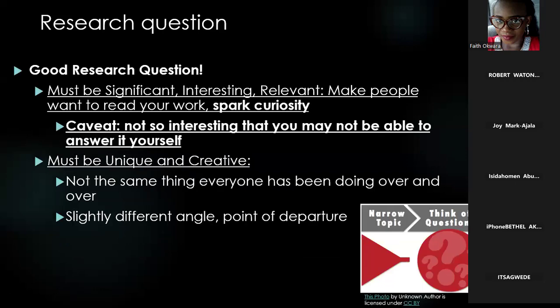So, a good research question must be significant, interesting, relevant, and make people want to read your work. If it is interesting and significant, then people want to say, yes, what is it that this person found out with this work?